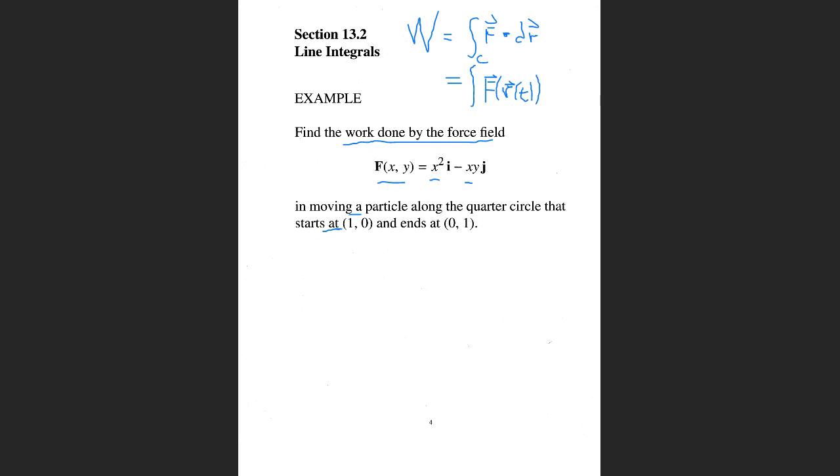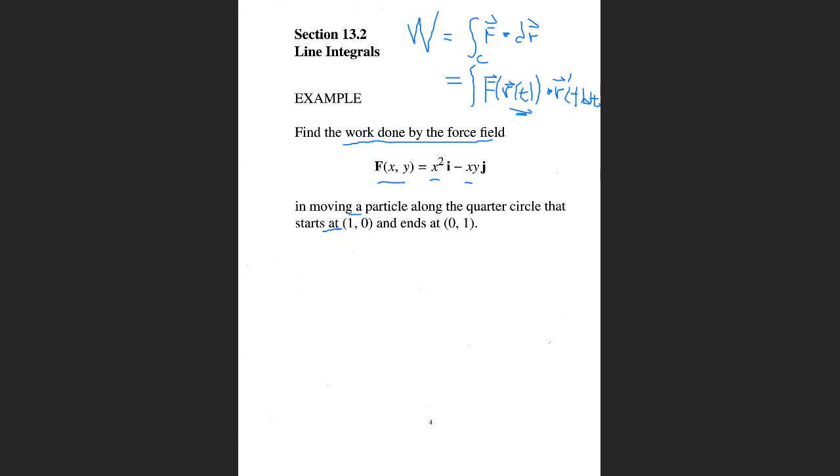It's a vector function of t. To find the space curve, you have to find the position function, r of t. You're going to dot that with r prime of t dt.